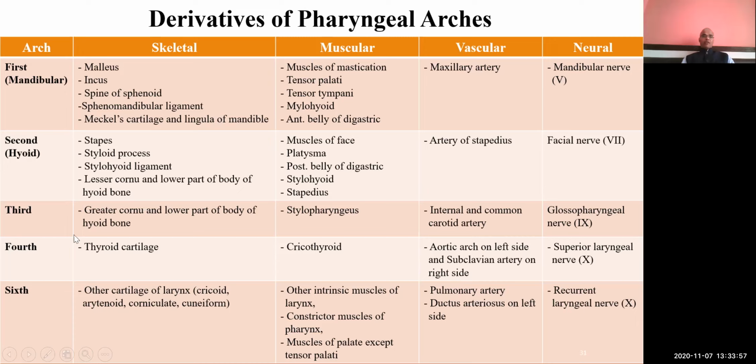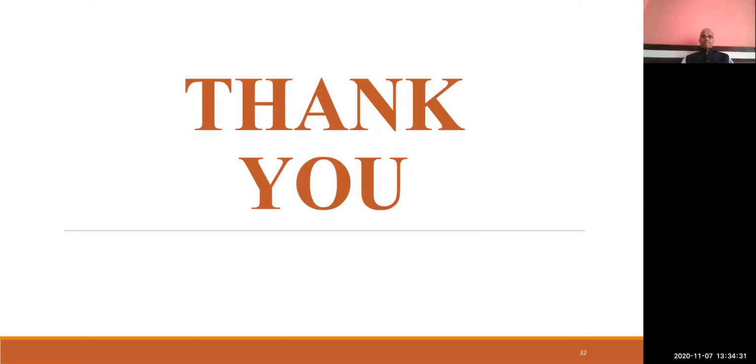The fifth is transient and disappears. The sixth pharyngeal arch gives rise to the other cartilages of the larynx, that is arytenoid, corniculate, and cuneiform, and the muscular part is the other intrinsic muscles of the larynx, constrictor muscles of the pharynx, and muscles of the palate except tensor palati. The vascular component is the pulmonary artery and ductus arteriosus on the left side, and the nerve is the recurrent laryngeal nerve, that is the 10th nerve. Thank you.